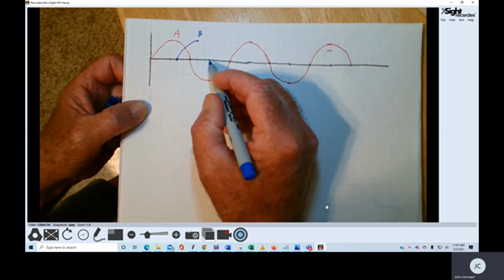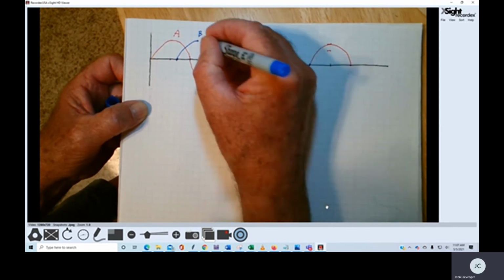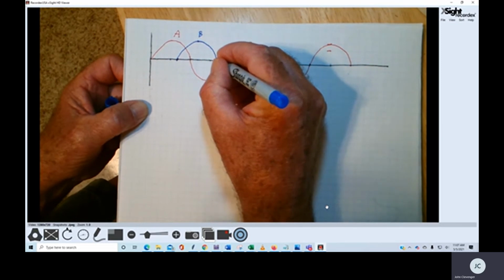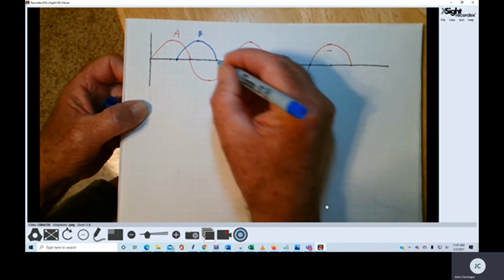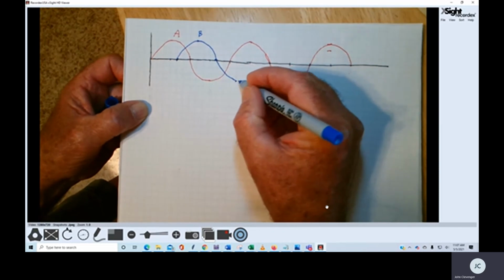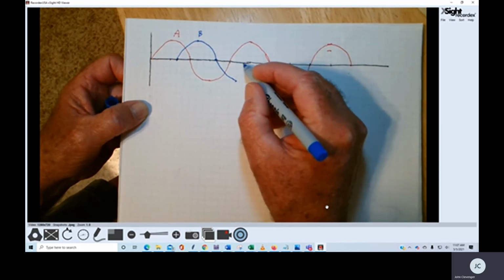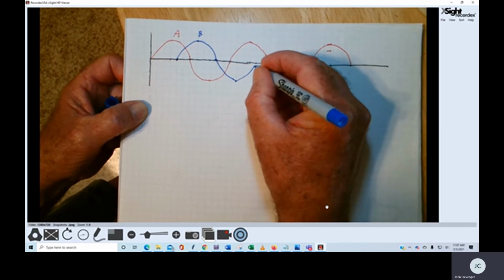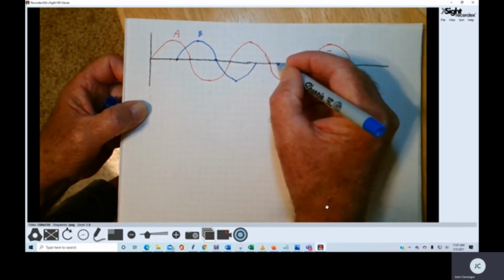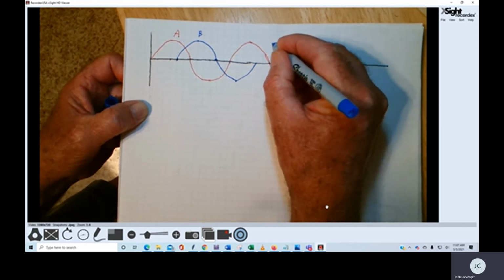So let's see, this is 1, 2, 3. This is my zero crossing here. And 1, 2, 3. This is my negative peak point here. This is my zero crossing. And this is my peak point.